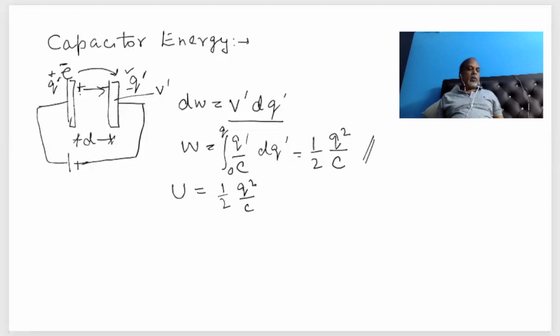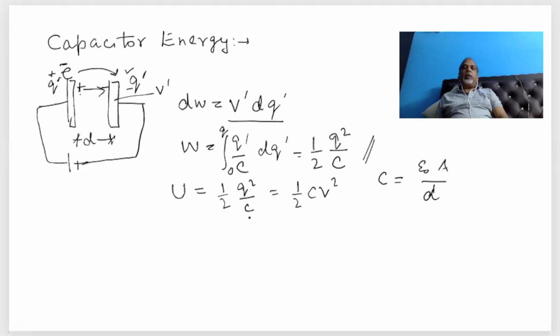I hope you understood this point. This is basically the potential energy. This can be written as 1 by 2 C V square, where C for a parallel plate capacitor is epsilon 0 A upon D. I hope there is no doubt in this.